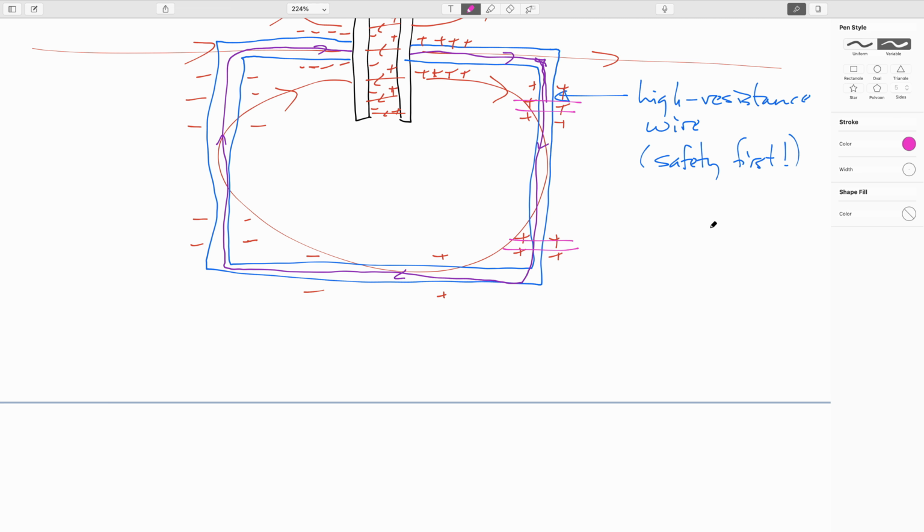So let's just follow that through. Here we're going to have a stronger positive charge. Here we'll have a weaker positive charge.